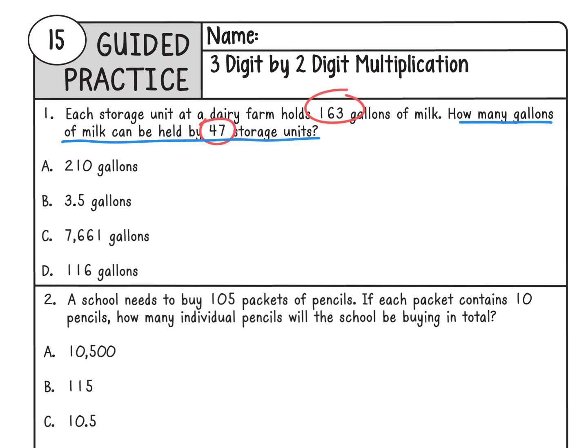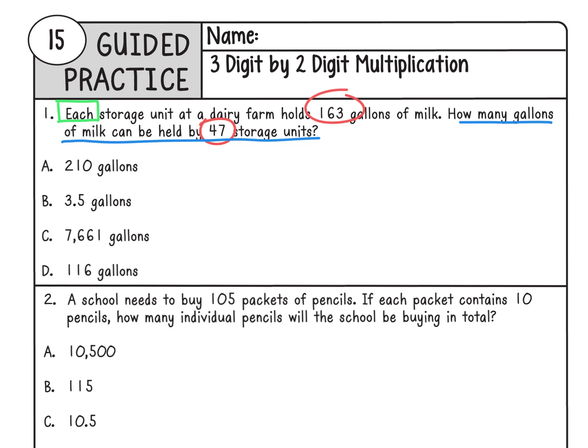I'm going to box in keywords, so words like each. Each is going to tell me to either multiply or it can also mean divide. So then you have to look at the numbers given. Am I using the 2 numbers given to get a larger number, which means I'll multiply? Or am I given a bigger number and a smaller number and I'm trying to get even smaller, which means divide?